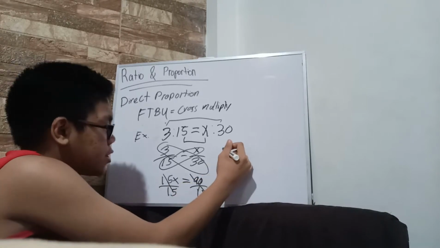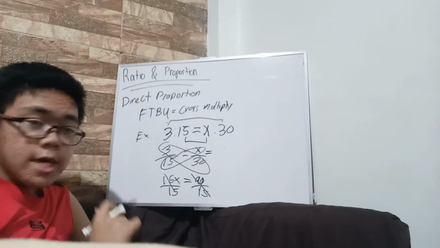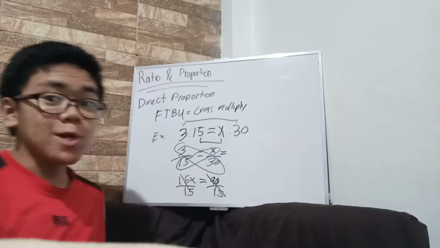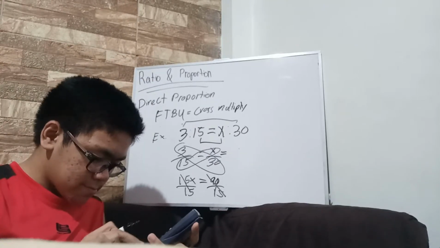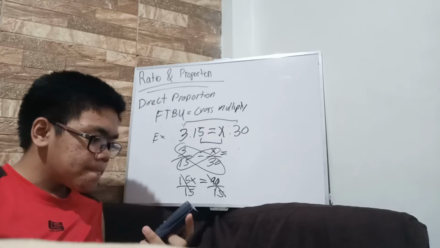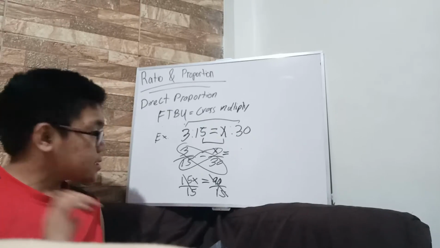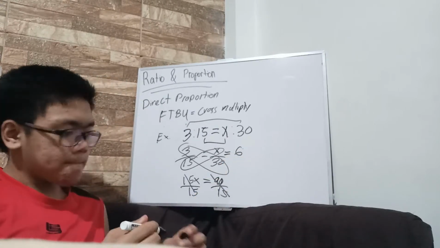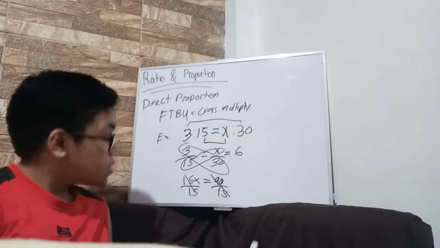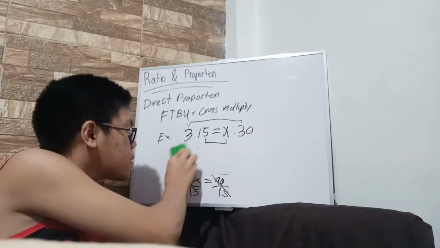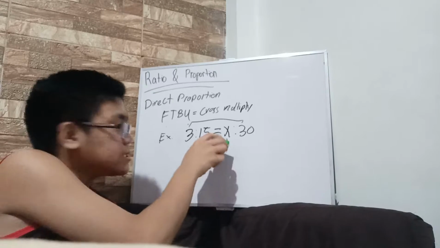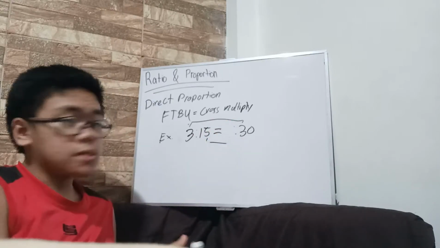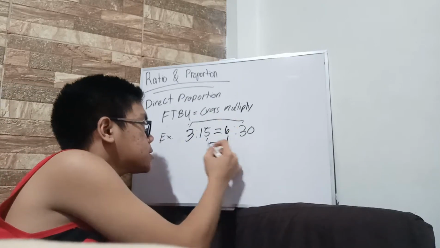So we have here, your x is equal to 6. There you go, 6. So this x there is 6.